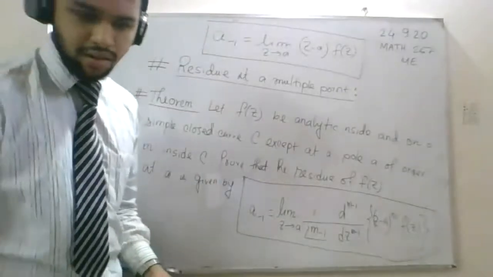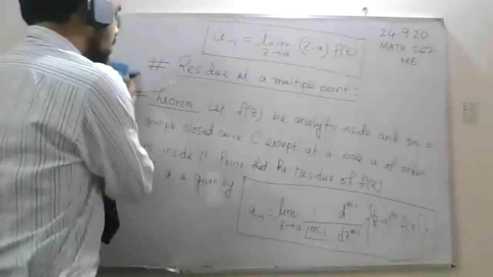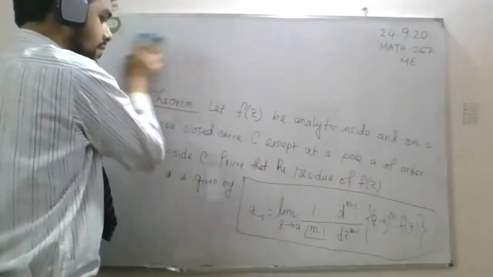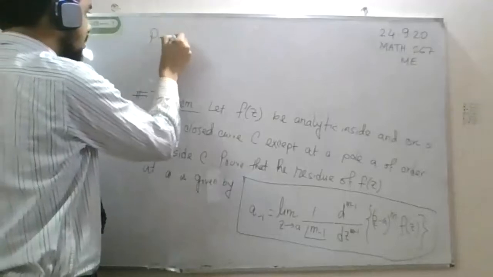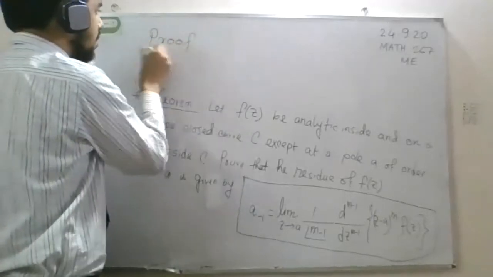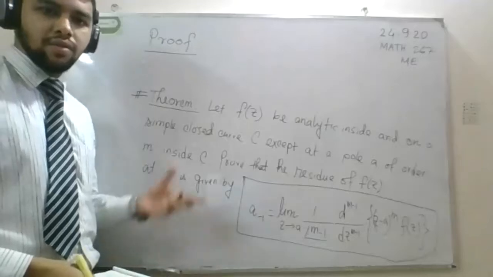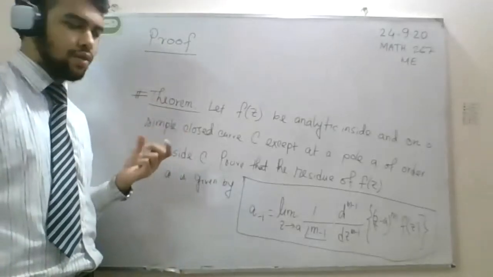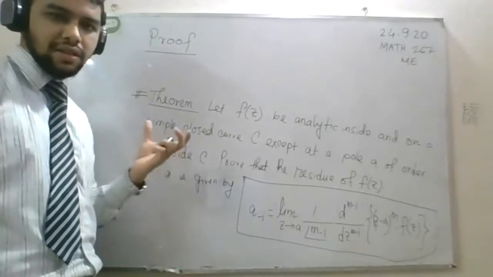Okay, now I will show you the proof of this theorem. So let me start from here. At first you have to use a Laurent series for proving this theorem. So what is our Laurent series?